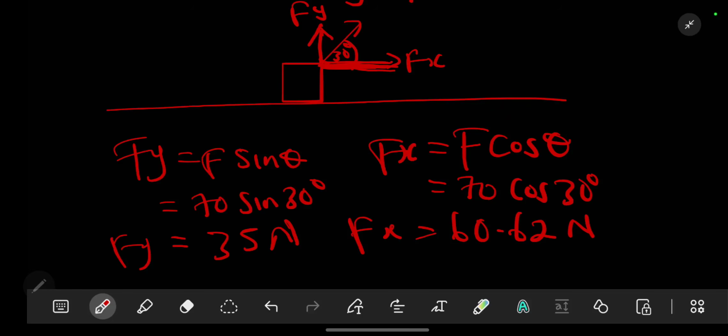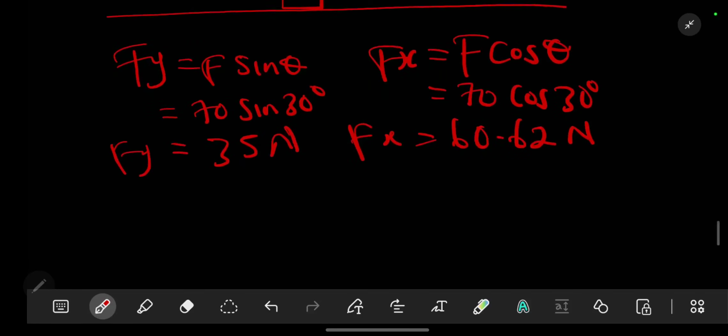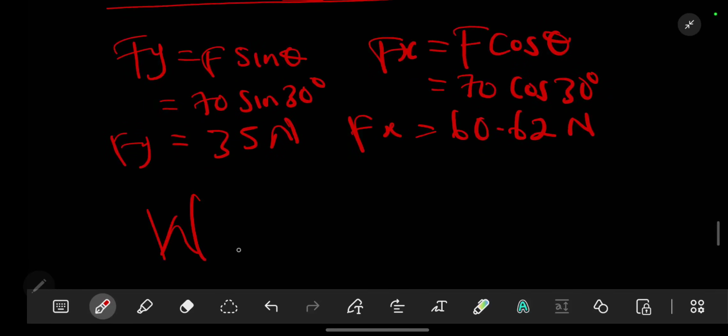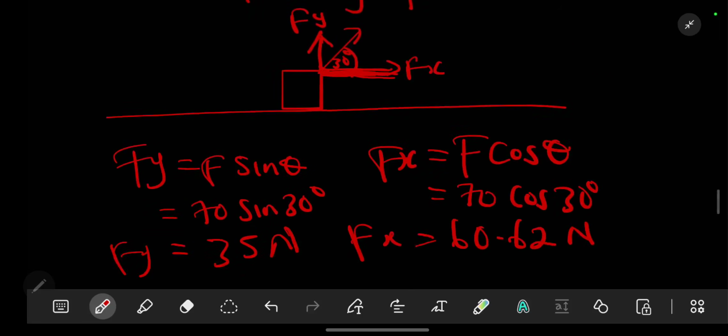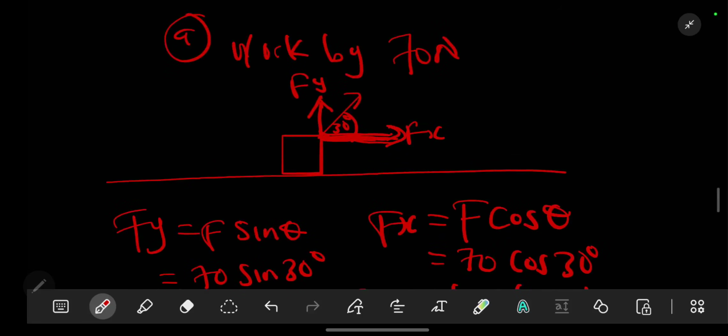So now, remember, work is equal to the force times the distance. We also attach the cosine of theta. Now be careful with this cosine of theta, and you should understand where it is used. This cosine of theta is looking at the angle between the force and the displacement.